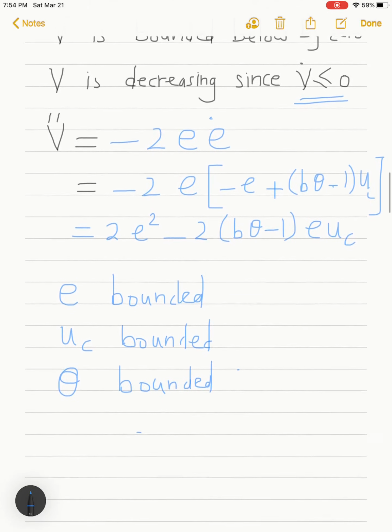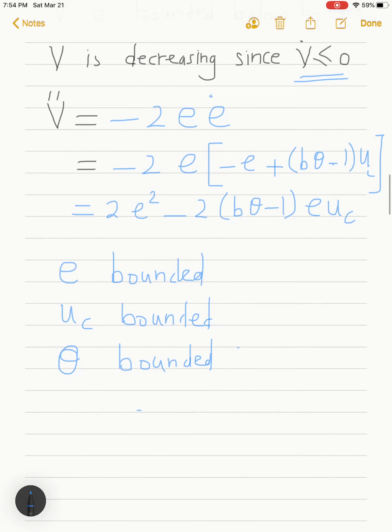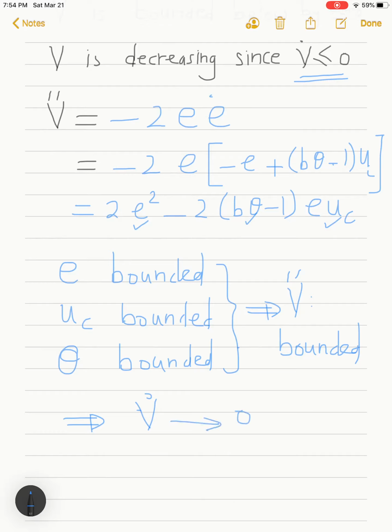So we have in the equation of v double dot, e is bounded, theta is bounded, and uc is bounded. So that means that v double dot is also bounded. And according to Barbalat's lemma, that implies that v dot would go to 0. But what is v dot? v dot is minus e squared.